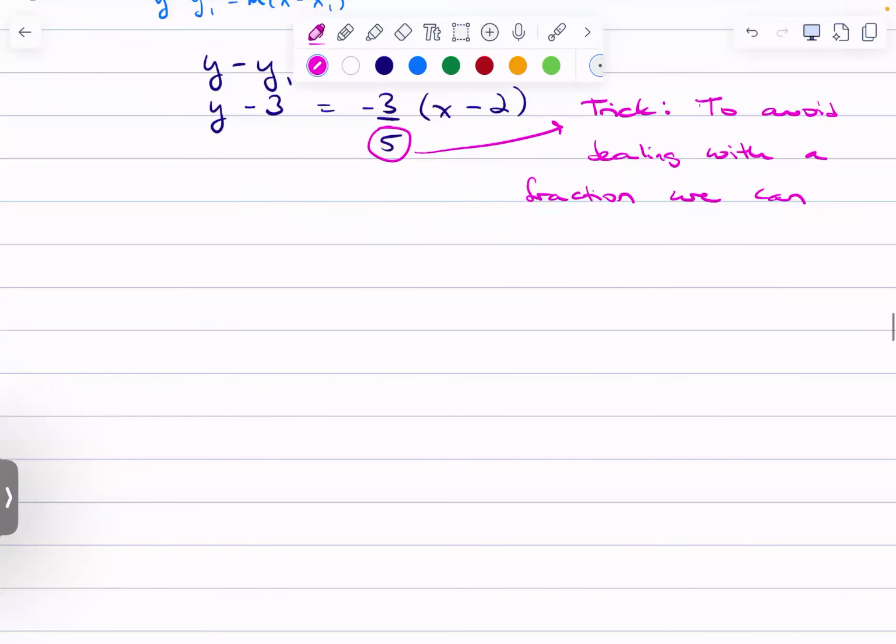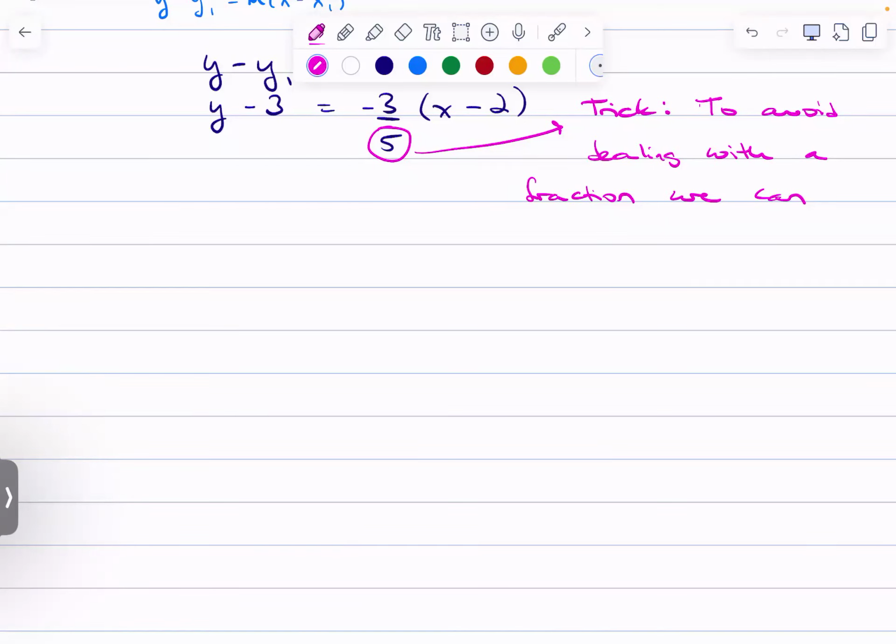As long as you multiply both sides by 5, you're allowed to do that. 5 is equal to 5, that's still true. As long as you're doing it to both sides, you're okay.